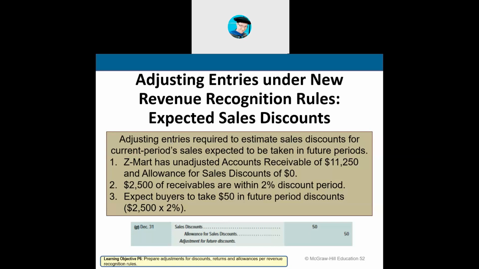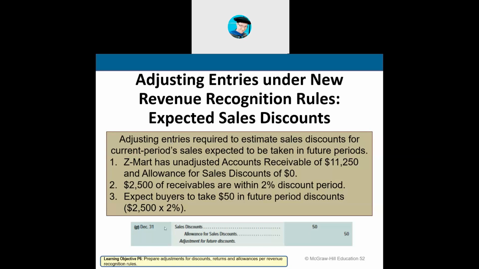Marina, as you and I talked about earlier, you would use this type of adjusting entry for the allowance for future discounts. This would be the adjusting journal entry that you would make for the allowance for future discounts.